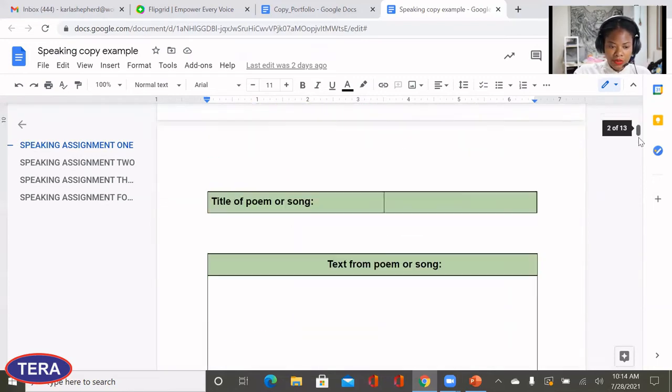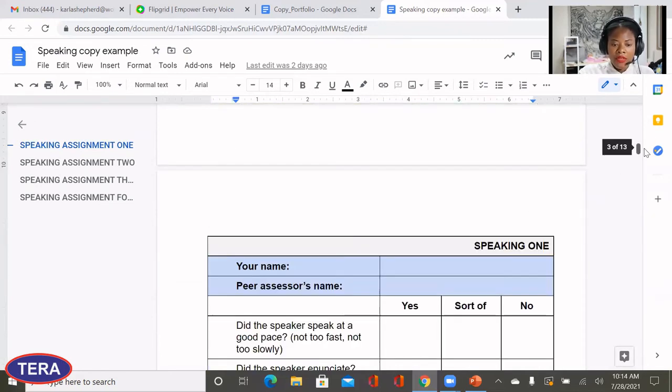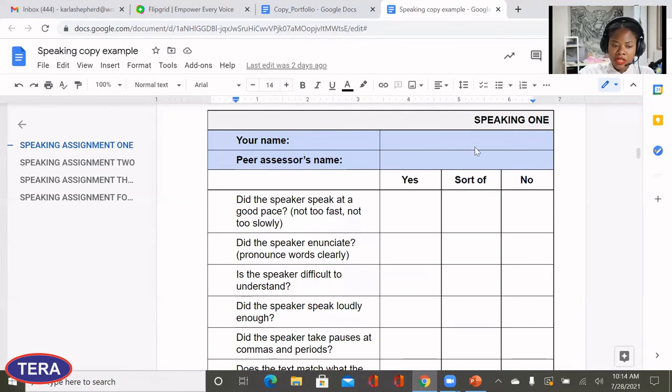Okay, so yeah, here's where the students input their information for their project, whatever their topic was, and then right up under it is the peer assessment portion. So we're looking for different things here, naturally, as it's a listening and speaking course.